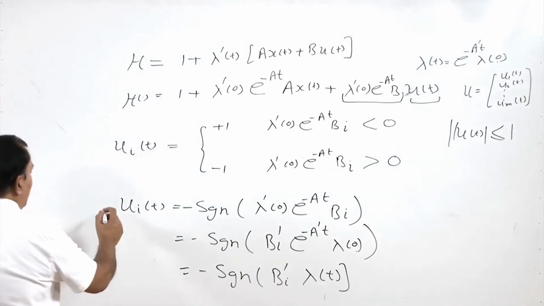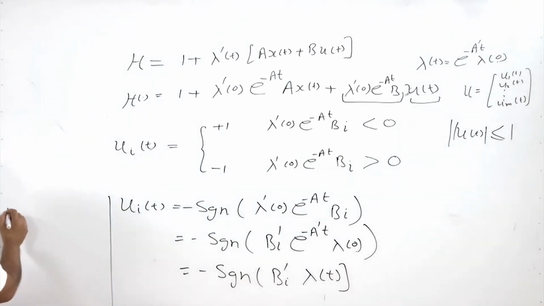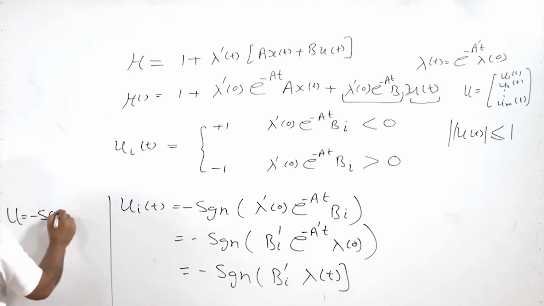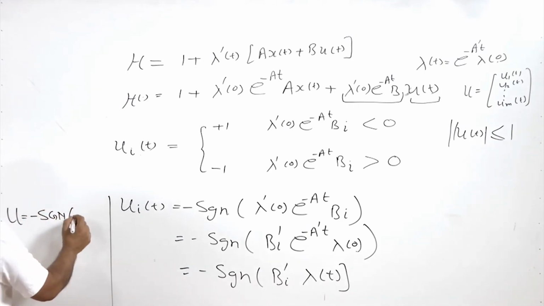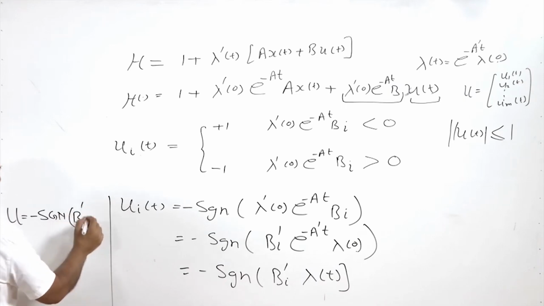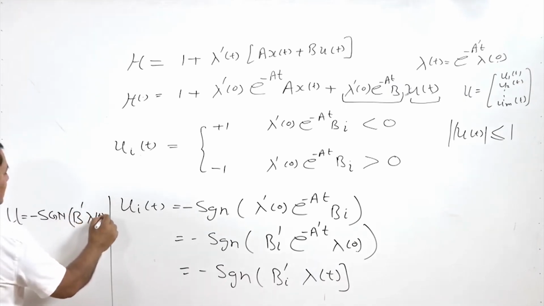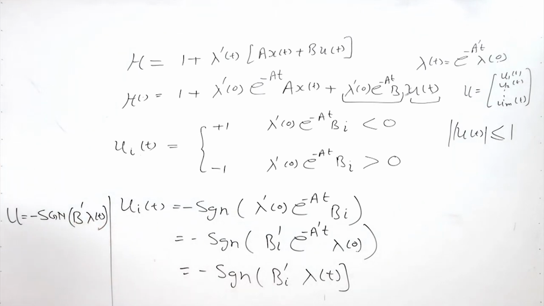Or in general, I can write my u to be the signum function of B transpose lambda t.